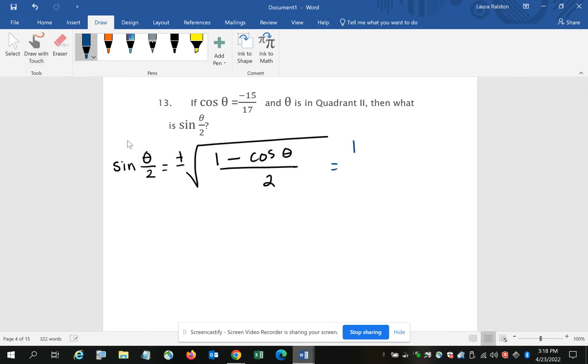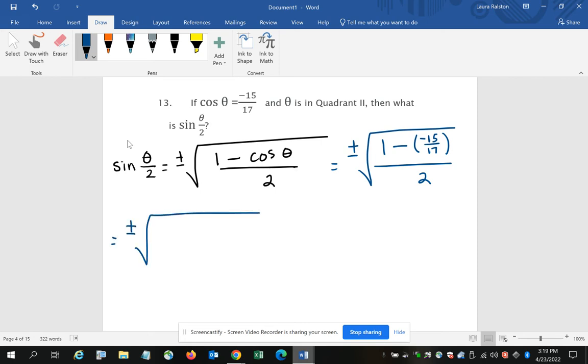So I would have plus or minus the square root of 1 minus cosine theta, I'm told, is negative 15/17 all divided by 2. So I have plus or minus the square root of 1 minus a minus is a plus 15/17 all divided by 2.